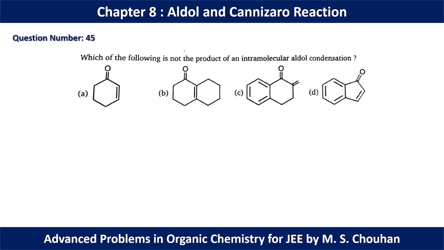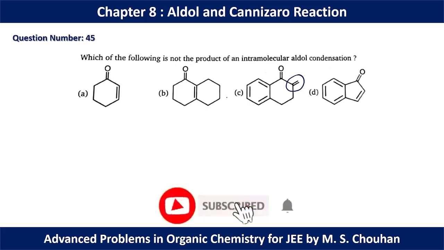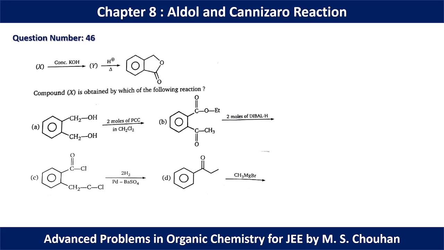In question number 45, which of the following is not the product of the intermolecular aldol reaction? Again, this cannot be the product of the intermolecular aldol reaction because of the exocyclic double bond. In question number 46, concentrated NaOH, Y, then this is formed. So Y should be like this, CH2OH, and this one.